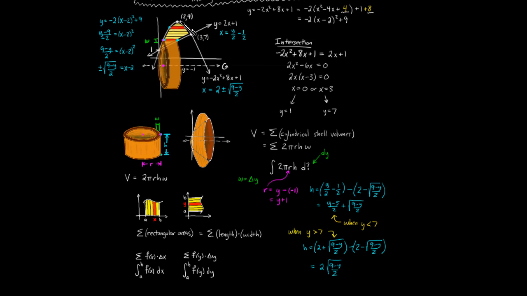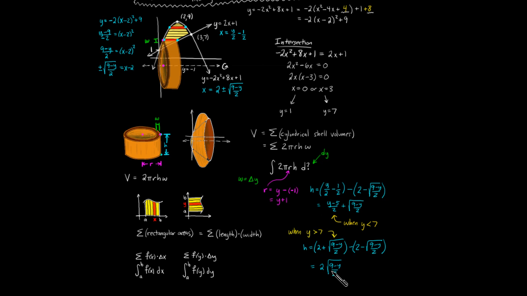Except if we're on the right-hand side, so we're to the right of this x equals 2, we must be using the 2 plus this square root. And so when we try to find h here, we have a 2 plus this square root. That's the x-coordinate of this guy, minus 2 minus this square root. That's the x-coordinate of this guy. Okay, and then that actually cleans up quite nicely there. The 2's cancel, and you get twice the square root.